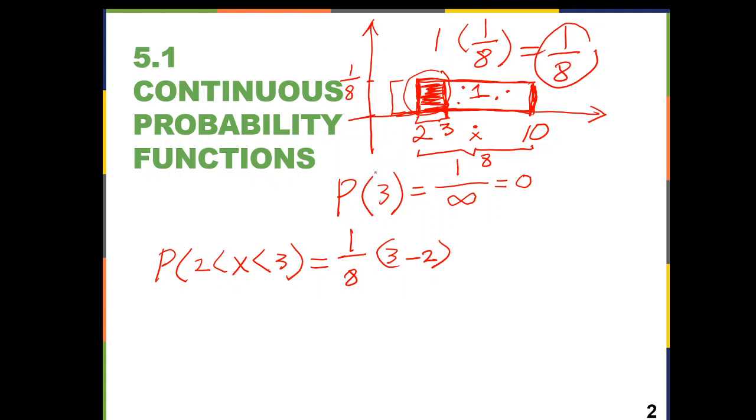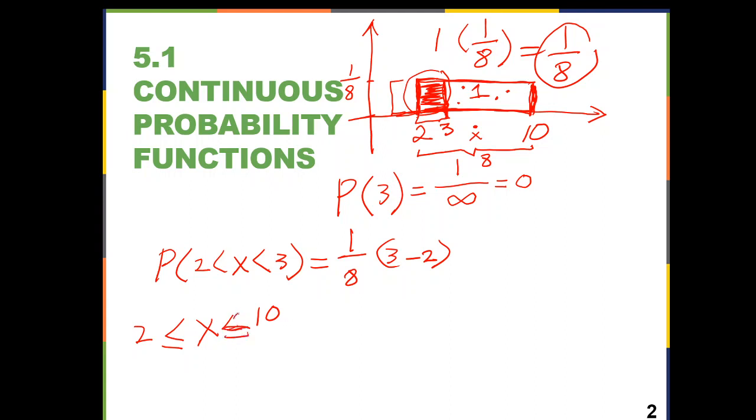helps us think of this as a probability distribution where x can be any number. So x can be any number between 2 and 10, including 2 and 10.